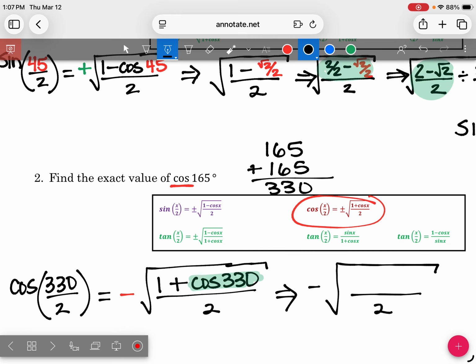Okay. So we got 1 plus root 3 over 2. I'm going to do all the steps, same steps that we did in number 1. So we have 1 plus root 3 over 2.